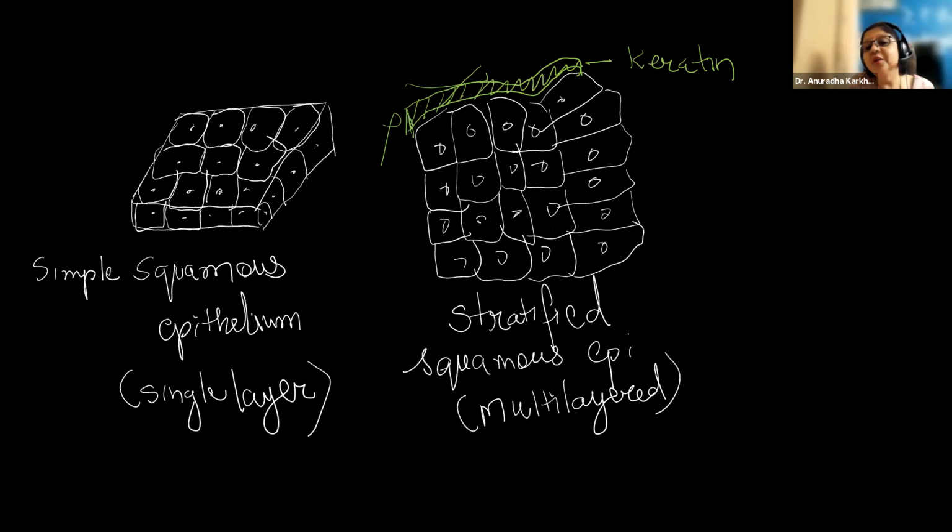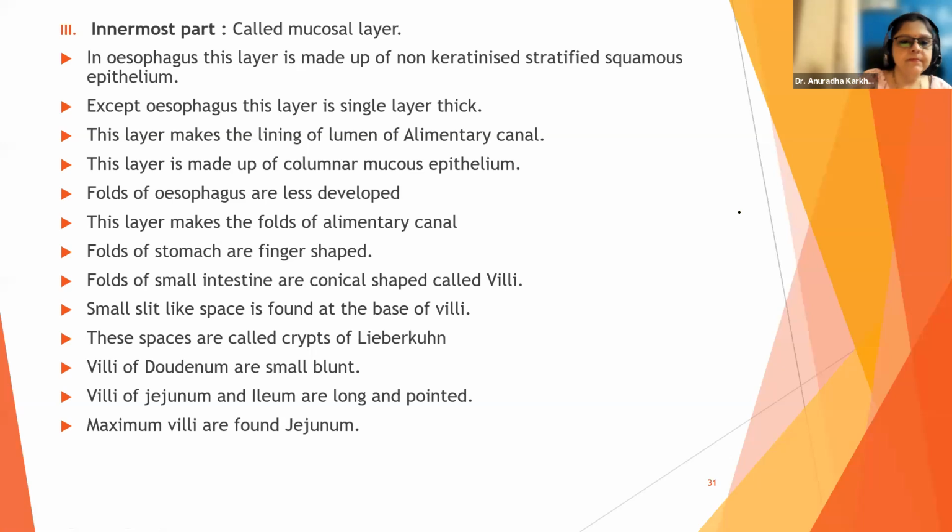No, my dear, columnar is not stacked. I'll show you. If you're confused, good that you asked me. I'll show you what is the difference between squamous, stratified squamous and columnar. I'm drawing columnar now. Just look at the diagram very carefully. So how will it look? Columnar will look something like this.